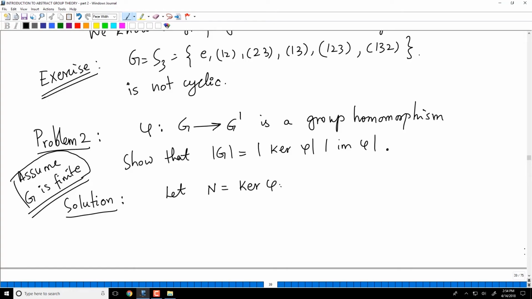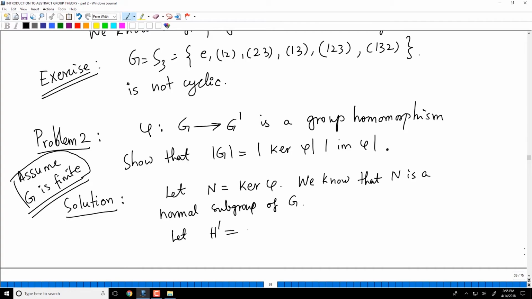Recall that when we defined group homomorphisms, we showed that the kernel and image of a group homomorphism are subgroups. Not only that, after I defined normal subgroups, I showed that the kernel is a normal subgroup. So we know that N is a normal subgroup of G, and we also know that, let H prime be image of phi.